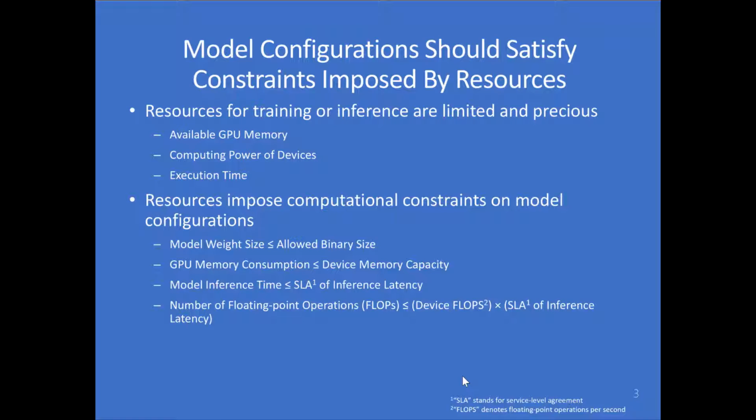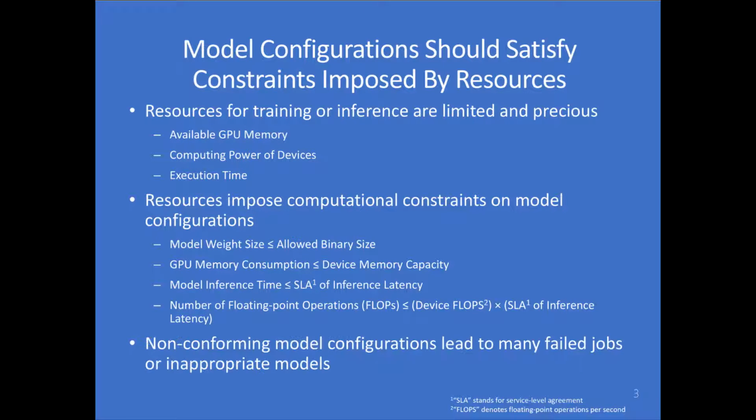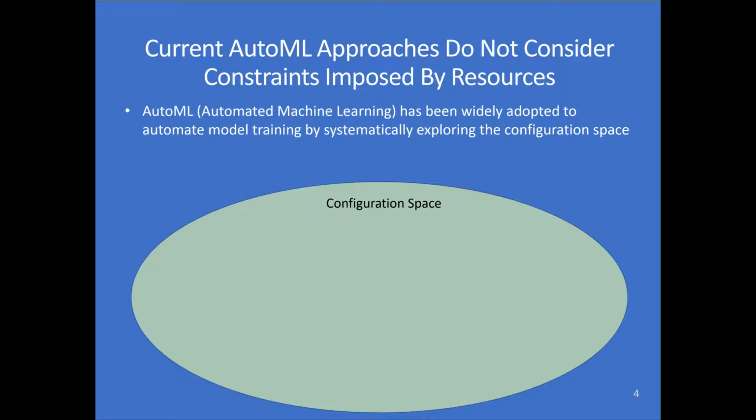Resources impose computational constraints on model configurations. For example, model weight size should be smaller than the allotted binary size. GPU memory consumption should be smaller than device memory capacity. Non-conforming model configurations lead to many failed jobs or inappropriate models.